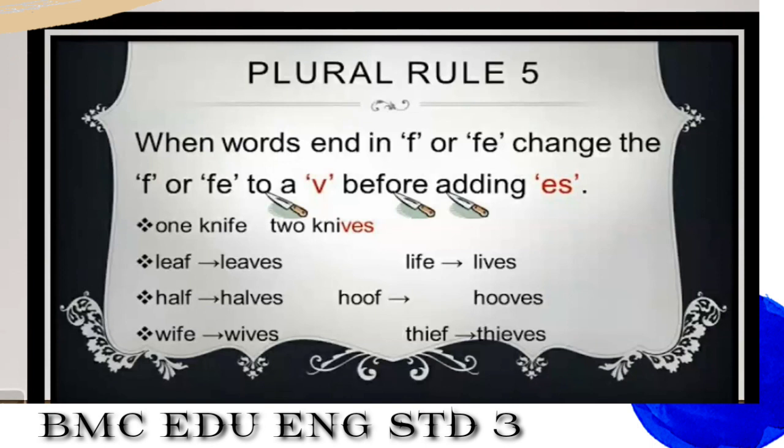Hoof, hoofs. Thief, thieves. In this fifth rule, you have to remove F or FE and add VES. If the word is ending with F or FE, remove F or FE and add VES to make it plural.